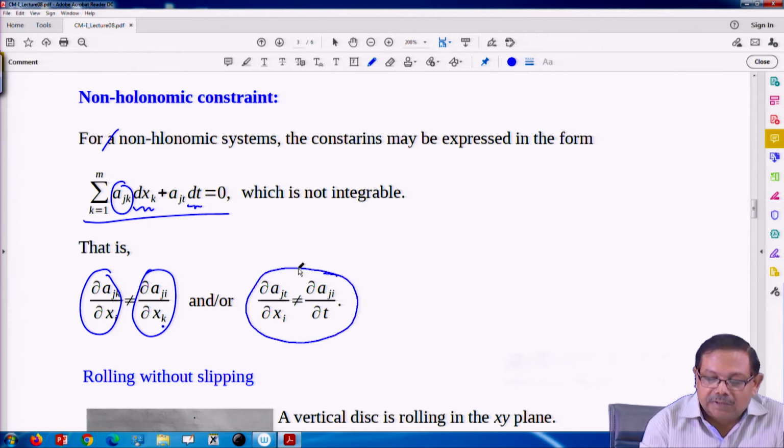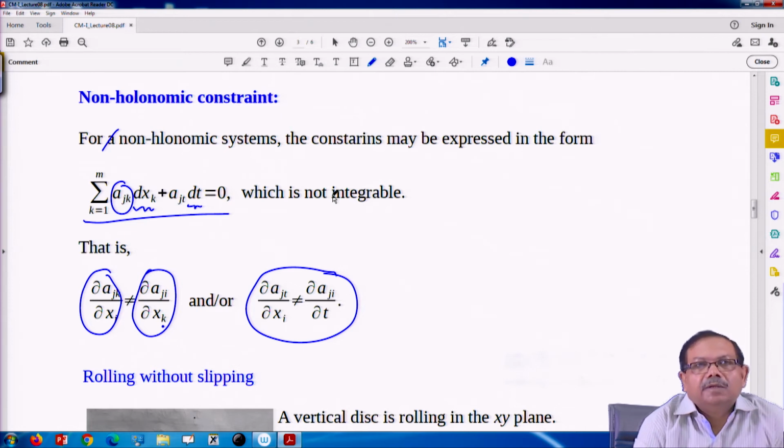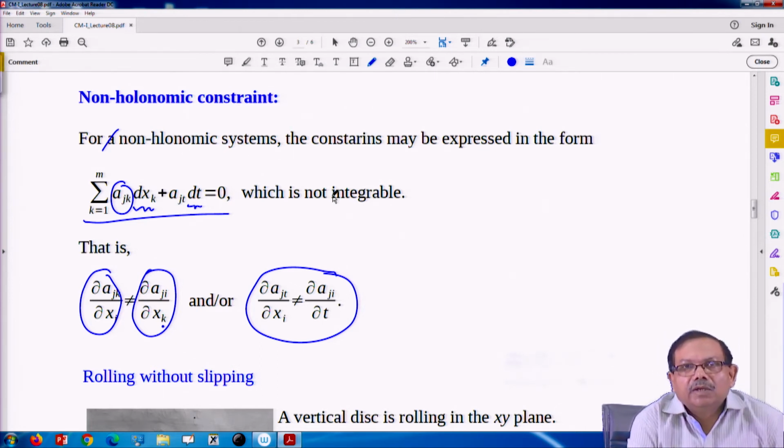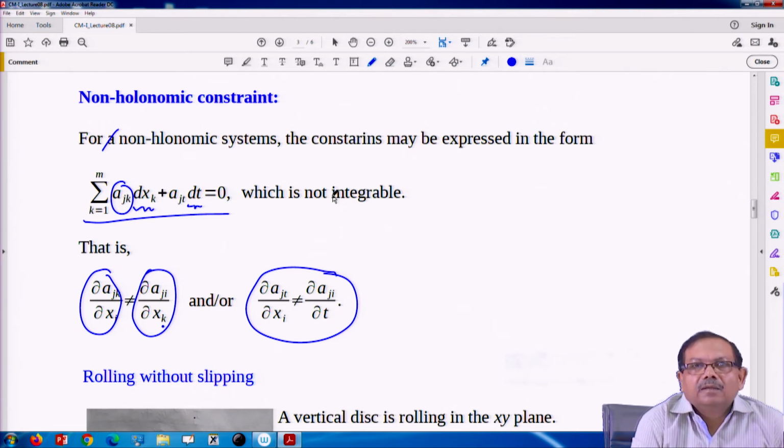So, then there is a severe problem, although the constraint equation is given, but I cannot integrate it. So, if I cannot integrate it, then from the set of coordinates I have chosen, either Cartesian coordinates or some other coordinate system, I cannot reduce the number of coordinates.